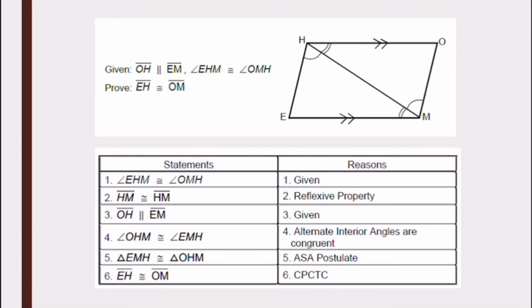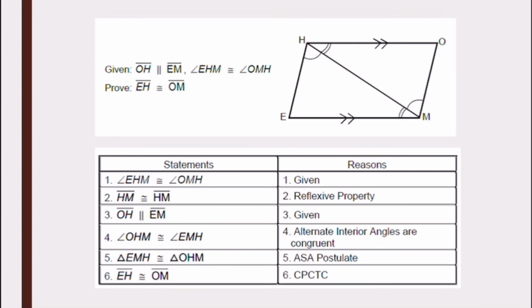For our third statement, we have line segment OH is parallel to line segment EM. The reason here is also given. And for our fourth statement, we have angle OHM is congruent to angle EMH. And the reason here is alternate interior angles are congruent.